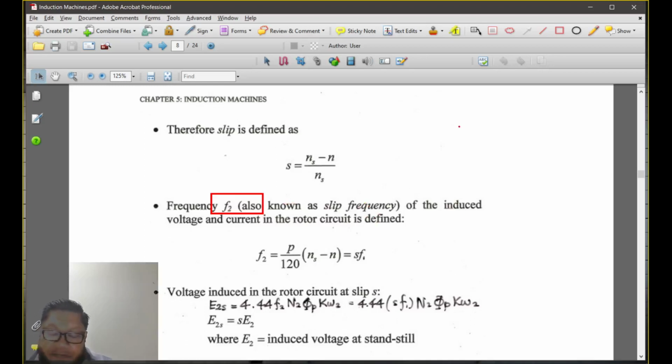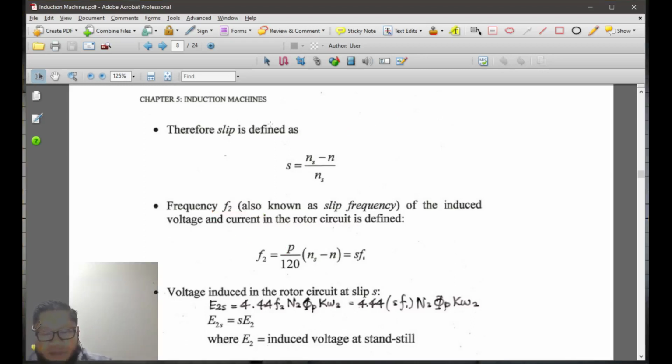Remember, when a permanent magnet moves above the conductor, there is a voltage induced across the rotor, isn't it? The frequency of the voltage and current induced in the rotor will be equal to f2.